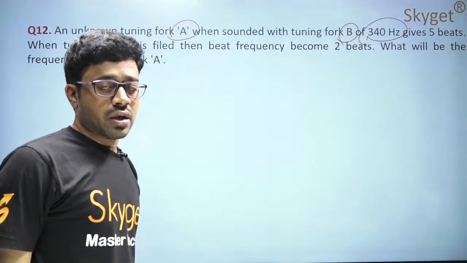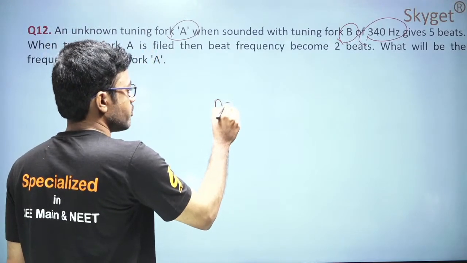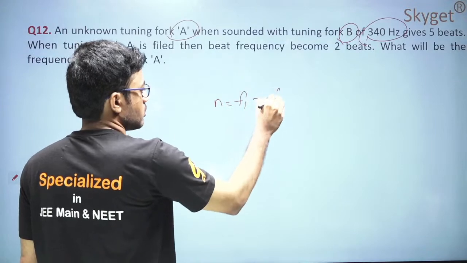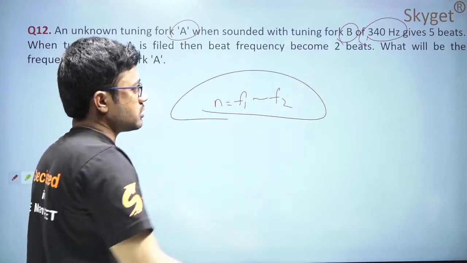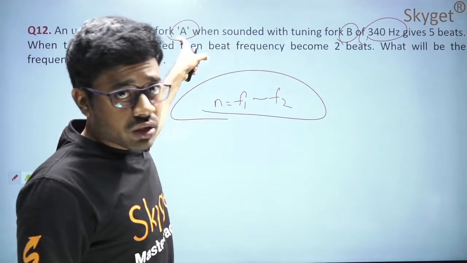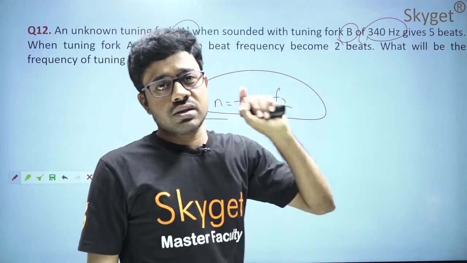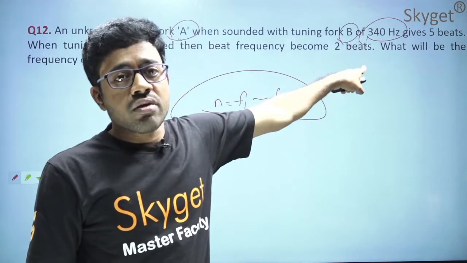What is the number of beats? The number of beats is always equal to the difference of frequencies. So if the unknown tuning fork A is sounded together with tuning fork B, whose frequency is 340 hertz, it gives 5 beats.